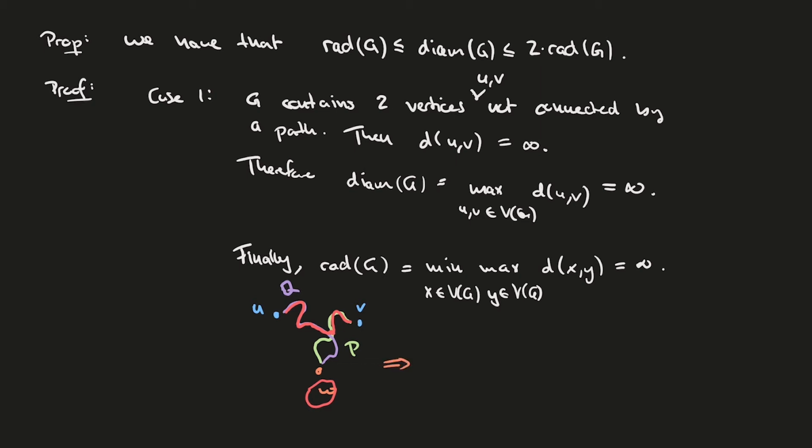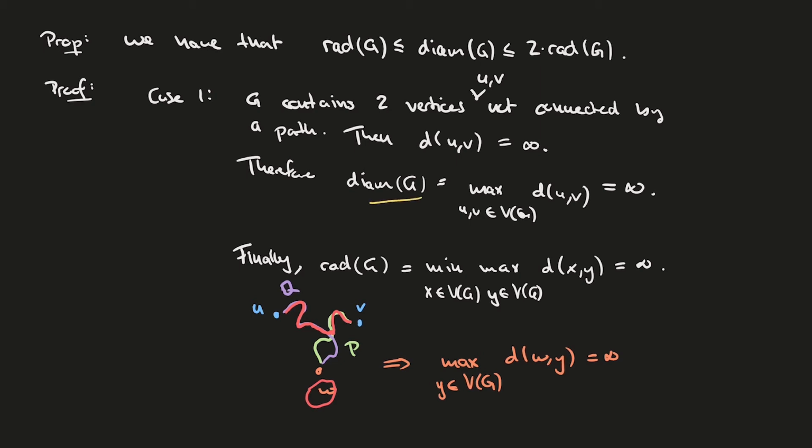This implies that the maximum over all y in the vertex set of G of the distance between W and y is infinite, because there is a vertex which we can't reach from W. And this holds for all vertices W in G, which means that the minimum over these maximal quantities is also infinite.